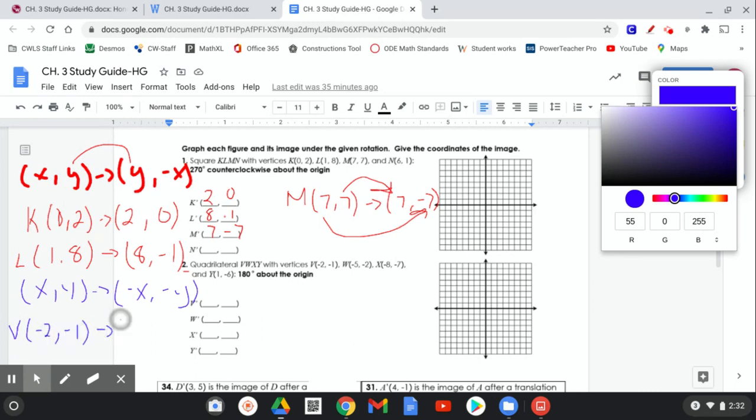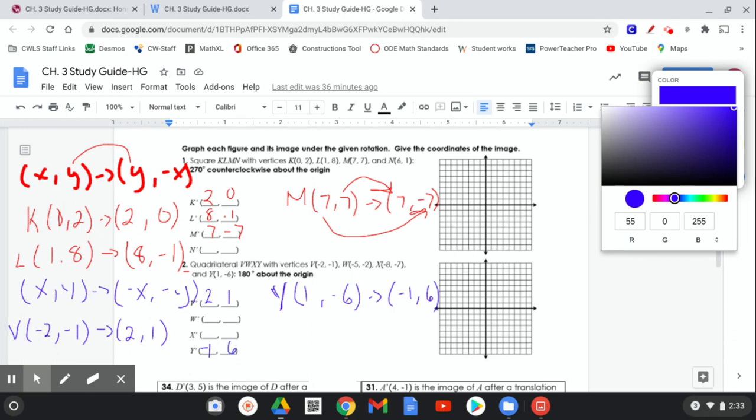So we're just going to change the signs to (2, 1) for V prime. Let's do Y, because Y is kind of tricky. It is (1, -6). So we're just going to change both of those signs for Y prime. Y prime is going to be (-1, 6).